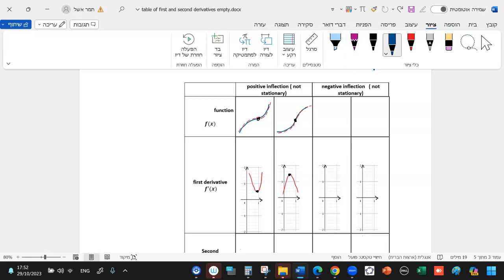Negative inflection is when the function is decreasing. It could go like this. First concave up and then concave down. You can see that the gradient is going up here towards some maximum value and then back to large negative values. It looks like this.